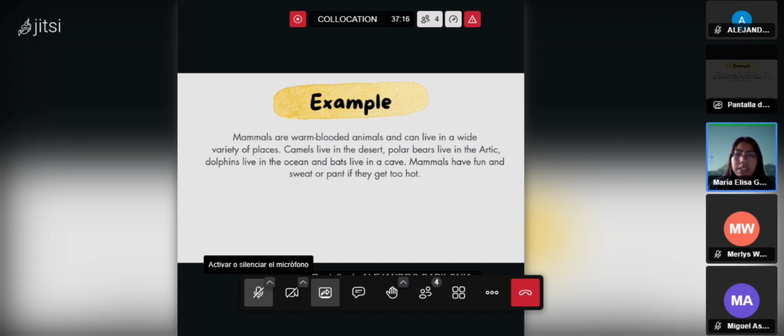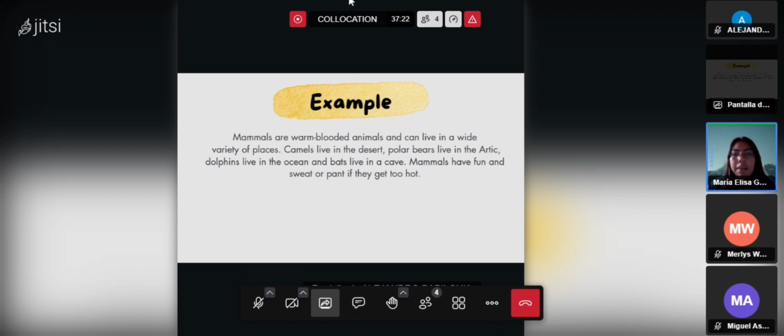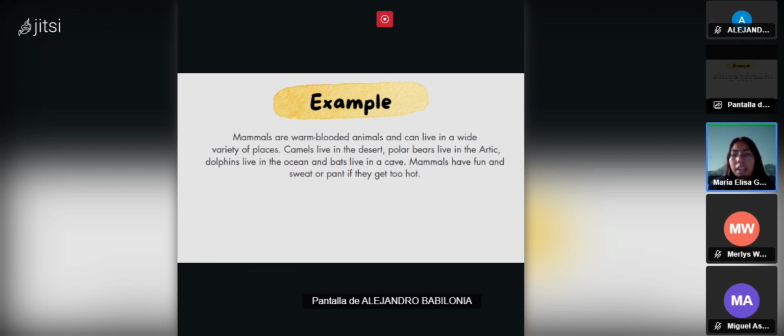Mammals are warm-blooded animals and can live in a wide variety of places. Camels live in the desert, polar bears live in the Arctic, dolphins live in the ocean, and bats live in a cave. Mammals have fur and sweat or pant if they get too hot. The hypernym here is animals.